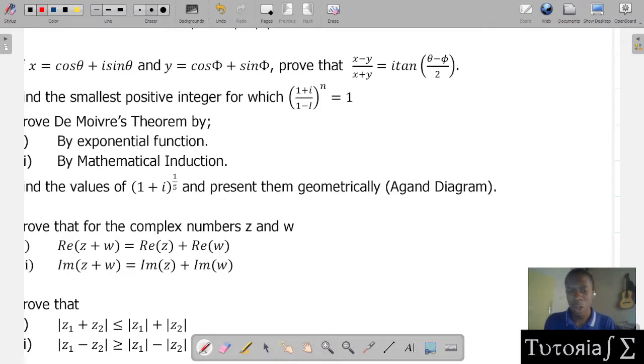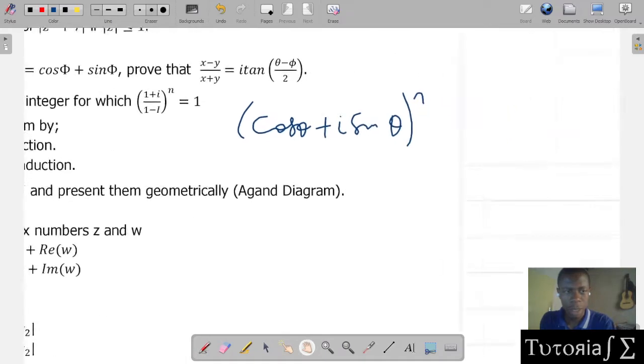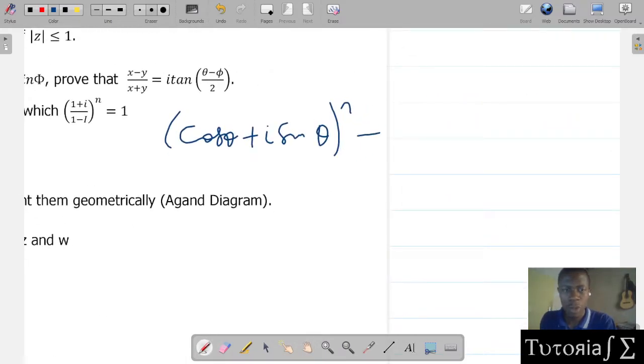So let's dive into the question. So what does the Moivre's theorem state? So the Moivre's theorem states that if you have cos theta plus i sine theta to the power n, this is equal to cos n theta plus i sine n theta, like that.